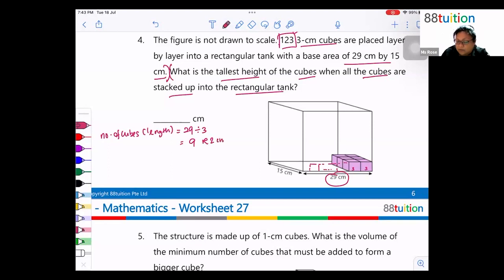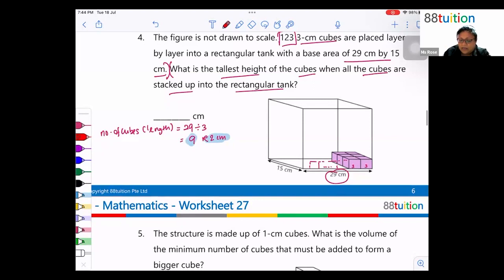This remainder of 2 cm, I cannot do anything about it because I cannot fit another cube in just 2 cm. So along the length, we can put in 9.